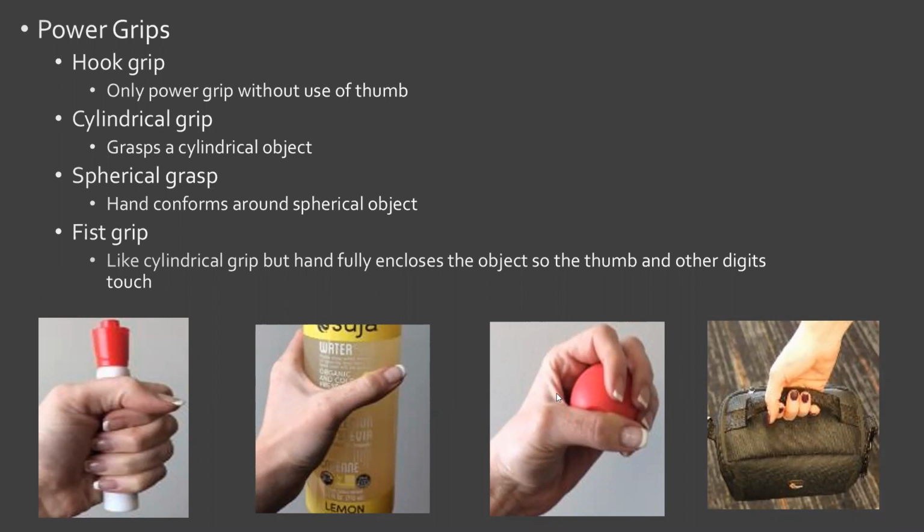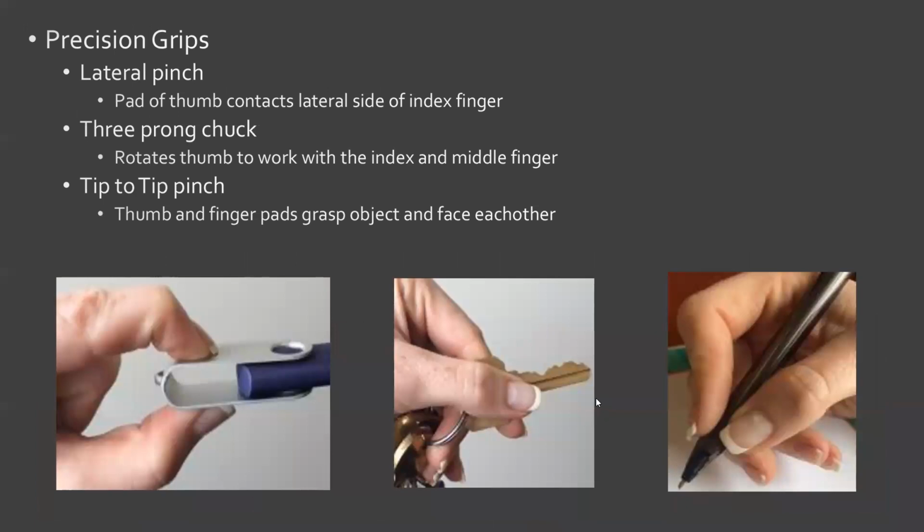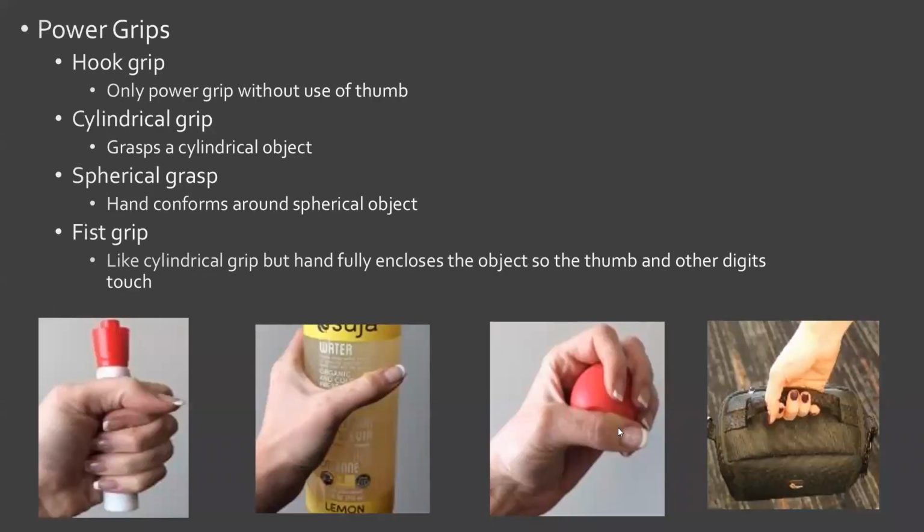Now, don't confuse the way they show the hook grip or the cylindrical grip with our precision-based grips. Because if I am, say, throwing a ball, that is a precision movement. Granted, I guess I could theoretically just grab a ball with my whole hand and throw it. That would be more gross motor, I guess.